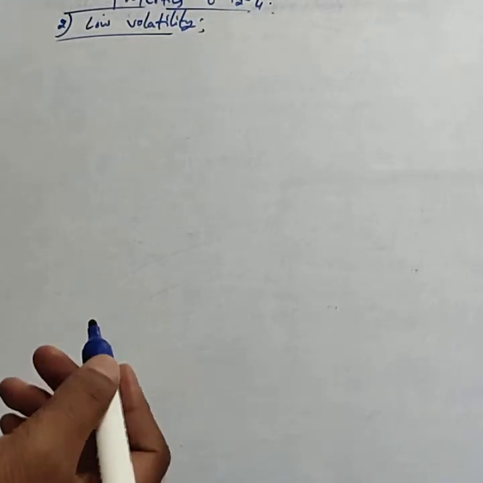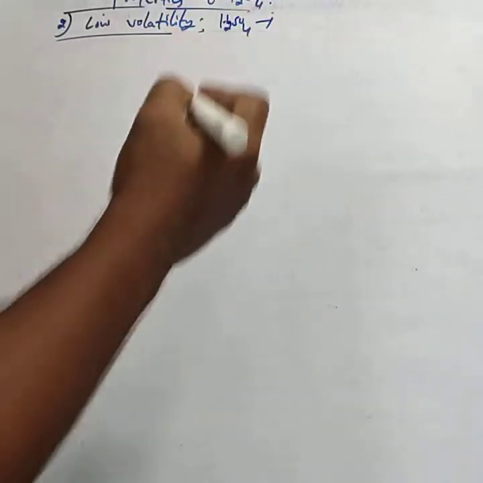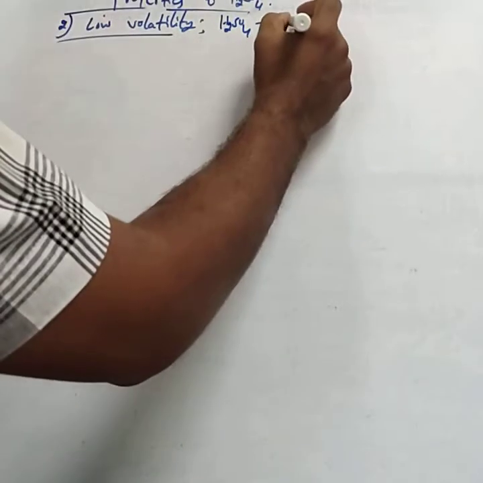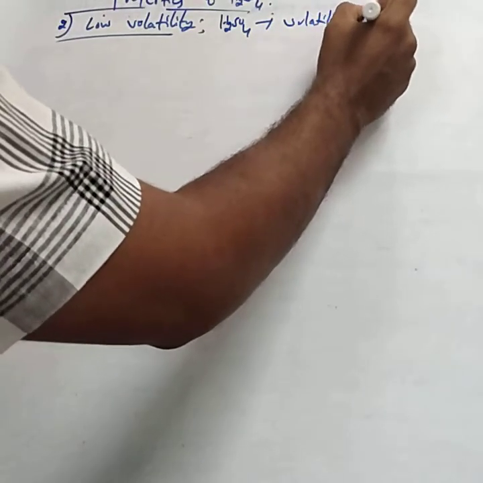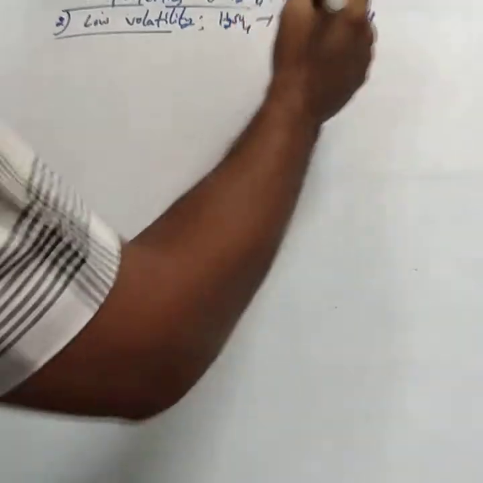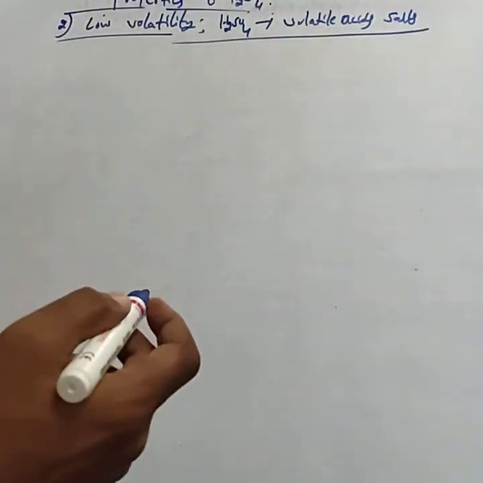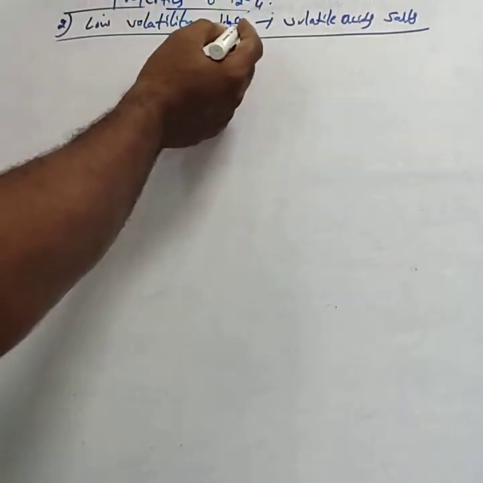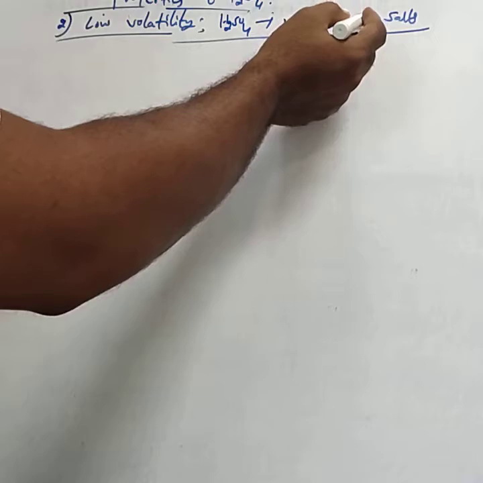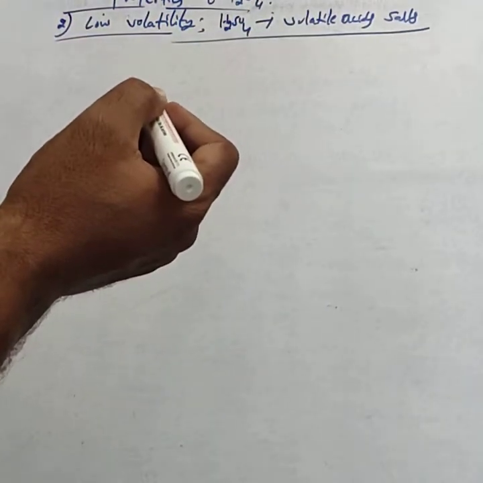Because of its low volatility, H2SO4 is used in the manufacture of volatile acids from their corresponding salts.